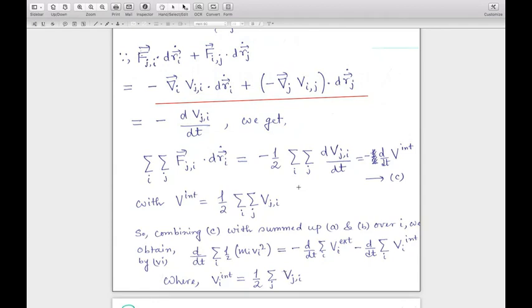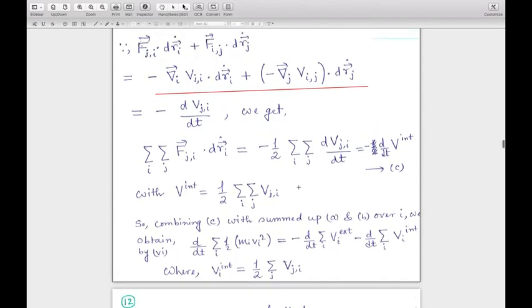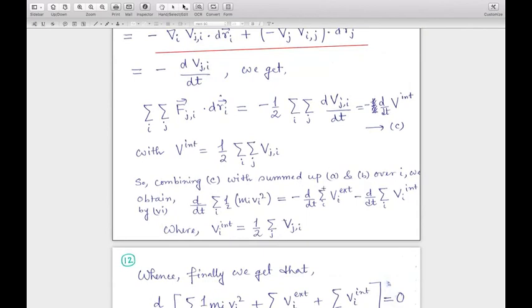So as you can see, here finally we can write this. Maybe I am just trying to be more clear, because here I wrote total V internal with this double summation, and here I have just written Vi internal. So Vi internal is just taking into account the single sum over j, where when this is also summed over i, you will simply be given V internal.